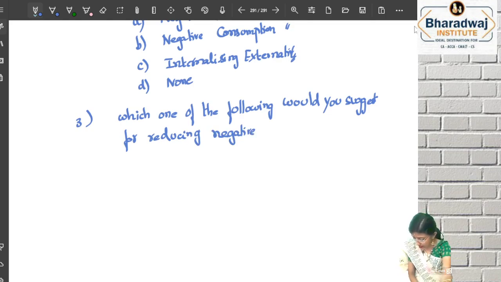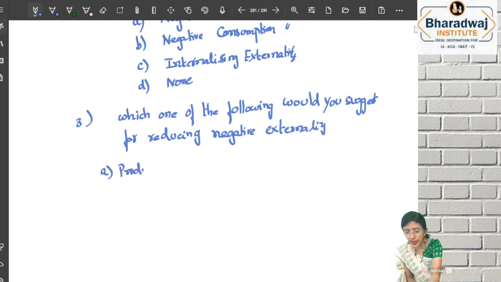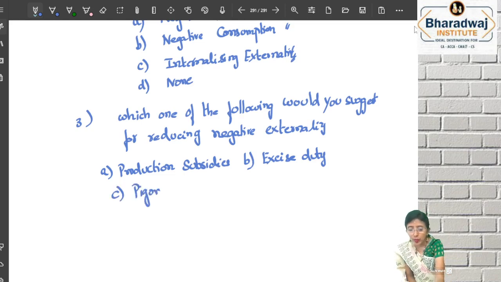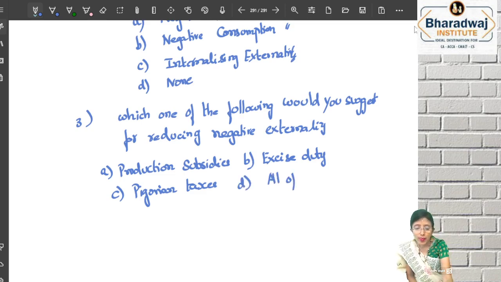Options are production subsidies, excise duty, C is Pigovian taxes, and D is all of the above. Question number 4.